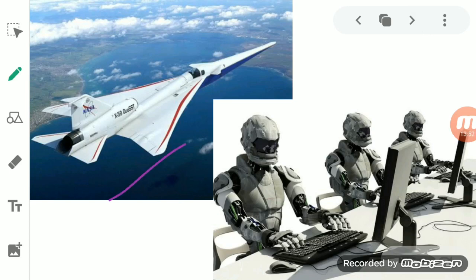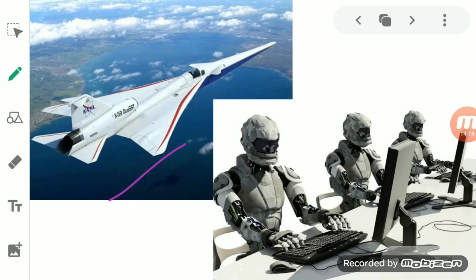These were all invented in the 20th century, and they have very high speed. If you see the satellites or the spacecraft, they are making the distance very short because of their speed.